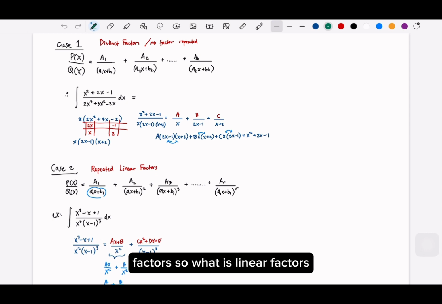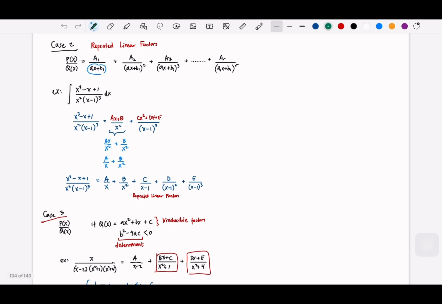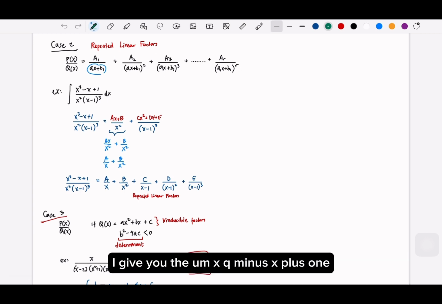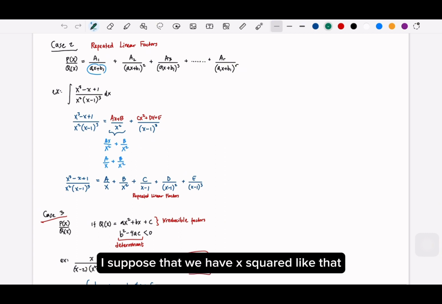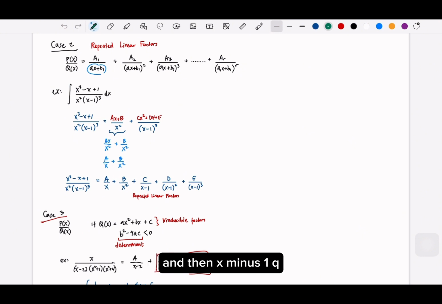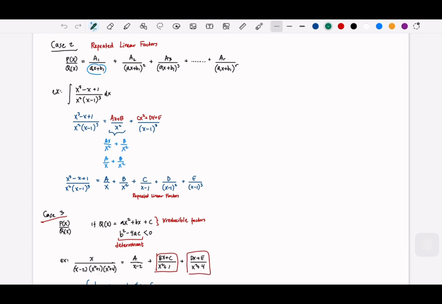So what are linear factors? For example, I give you x cubed minus x plus 1, and suppose that we have x squared like that, and then x minus 1 cubed. So x squared is multiplicity, x with x. This x minus 1 cubed also has multiplicity, x minus 1 repeated 3 times, right?